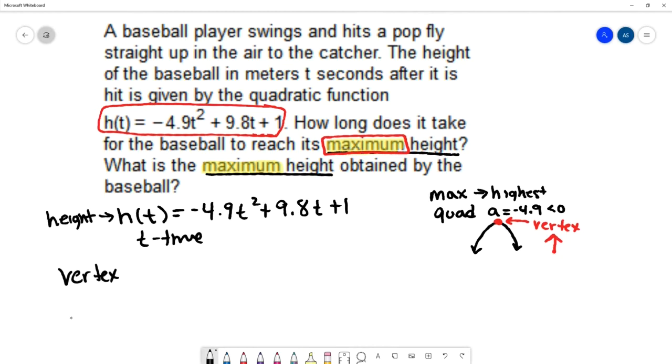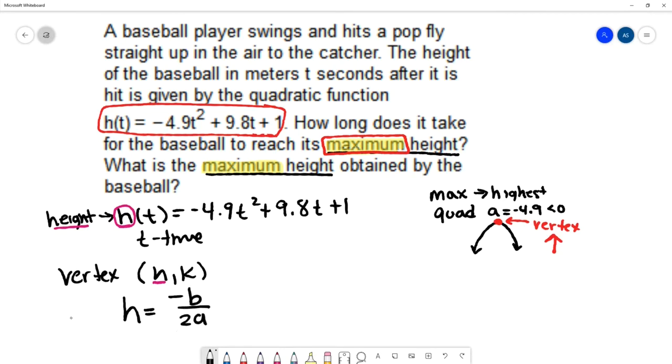We typically label the vertex as HK. So the reason why that's confusing is because we have an H here as well. So this H is for the height, and this H is the x-coordinate of our vertex. So we have a formula for that, H, and that is negative b over 2a.